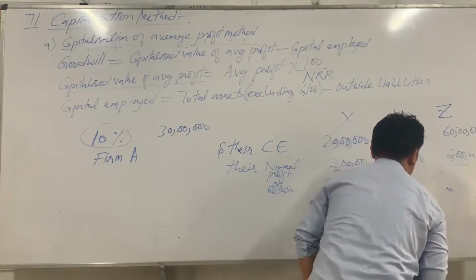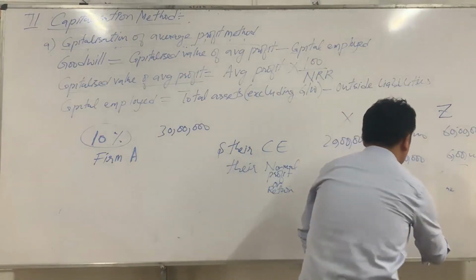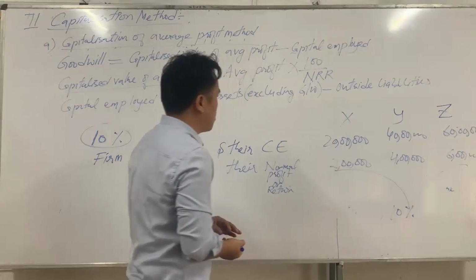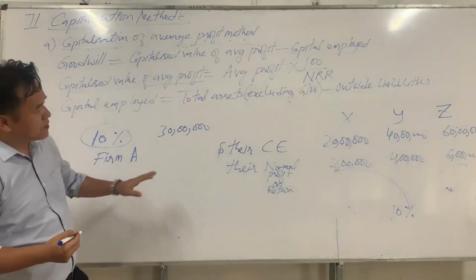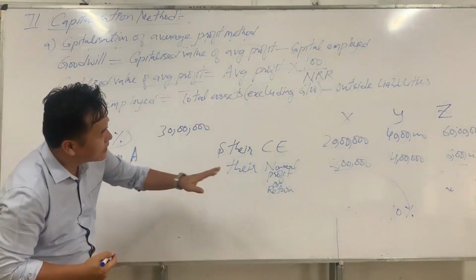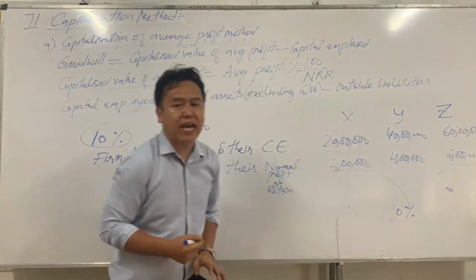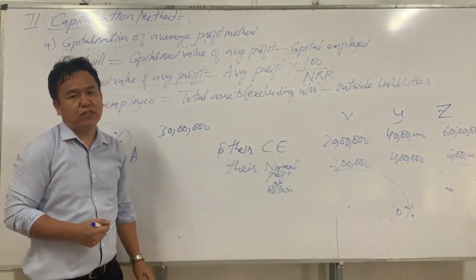I mean, the normal rate of return is 10% in the market. So, these firms are earning 10% on their capital employed.